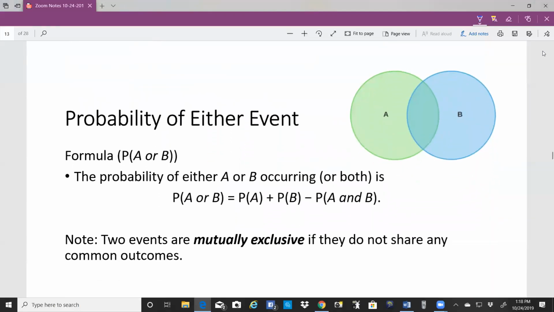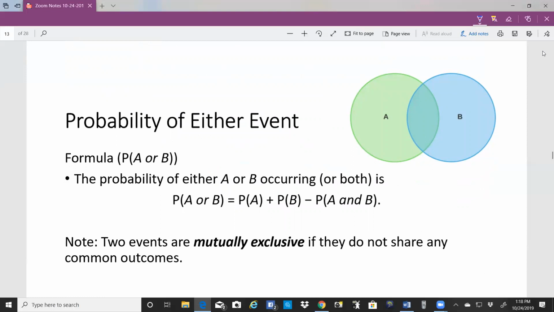Now, sometimes you can have an event A and an event B that will overlap. And if you wanted to find the probability that either A or B will happen, you're going to add the probability of A, which is represented in blue here, and then you're going to add the probability of B. Now that's green, by the way.